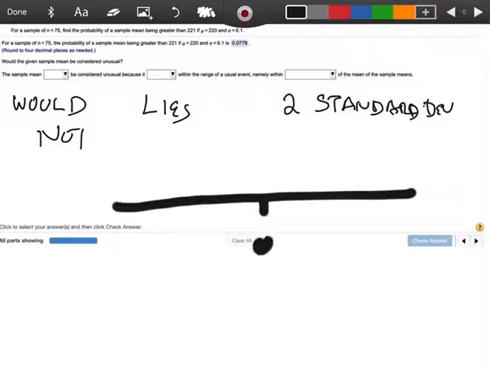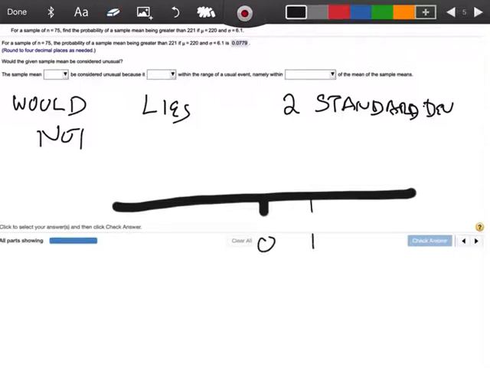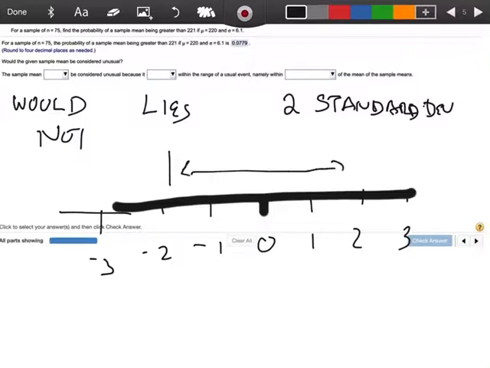It looks something like this, and here was 0, and this one was 0 and 1 and 2 and 3 and -1 and -2 and -3. This here was considered normal.